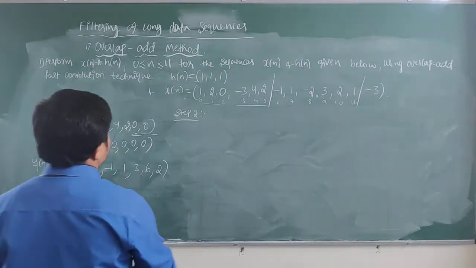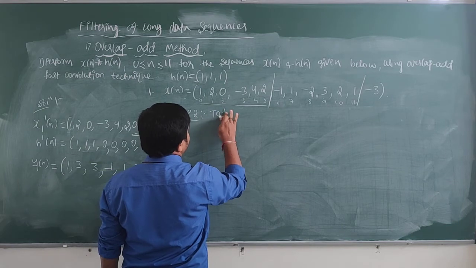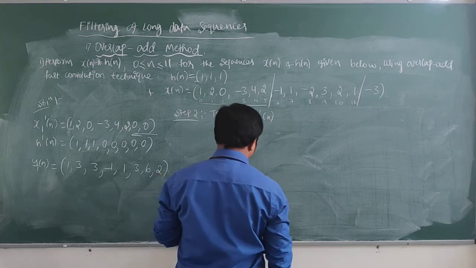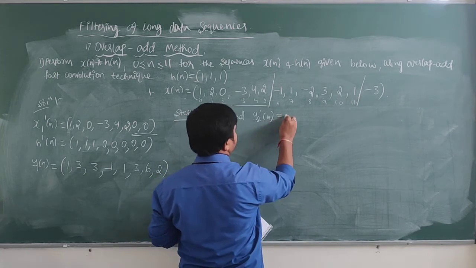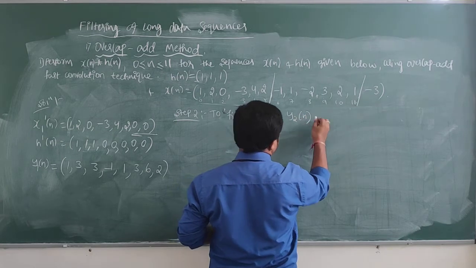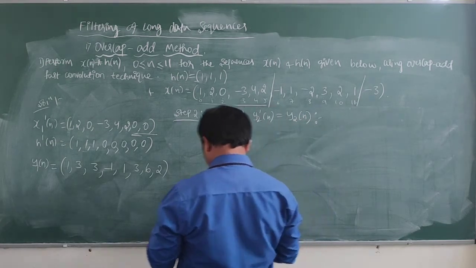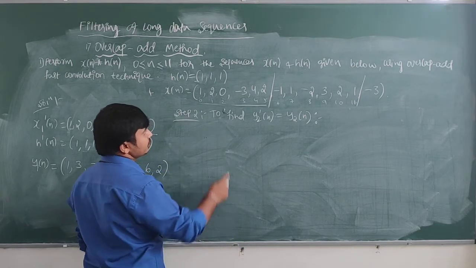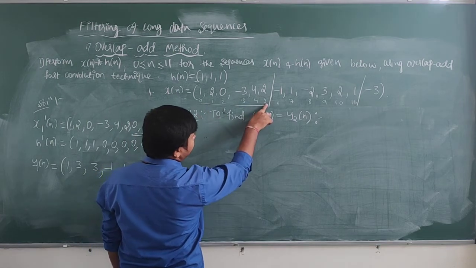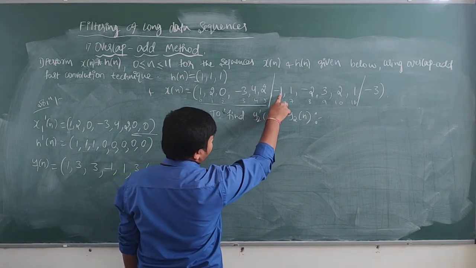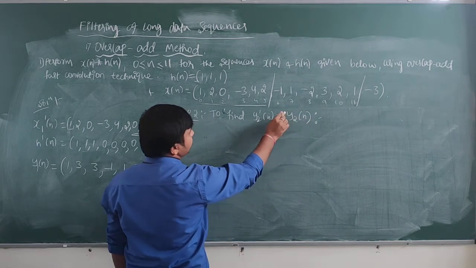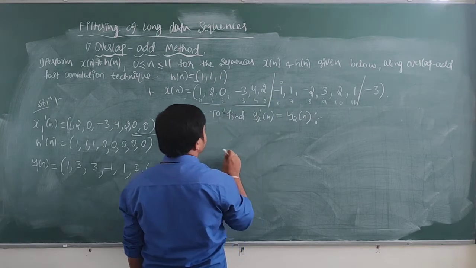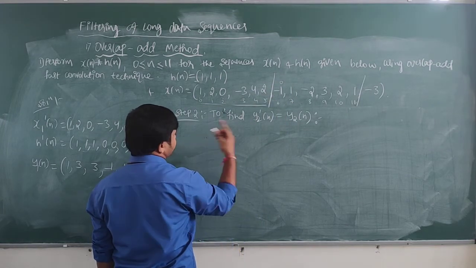Here we need to find y2 dash of n, which is y2 of n. Here we need to reindex from 0 to 7. Reindexing means the index is now 0 to 5. For the next block, I need to reindex, that means I need to consider this as the first, as 0. So I need to reindex from 0 to 7.